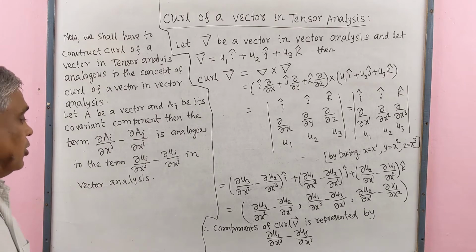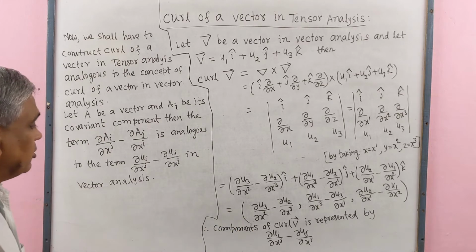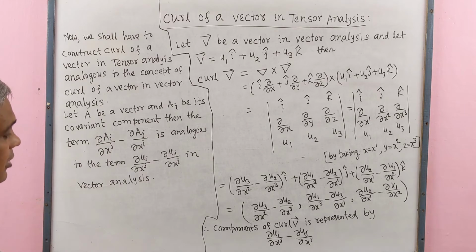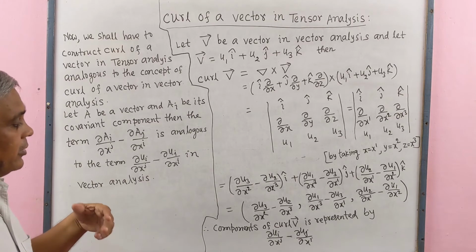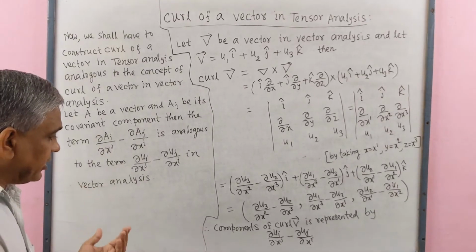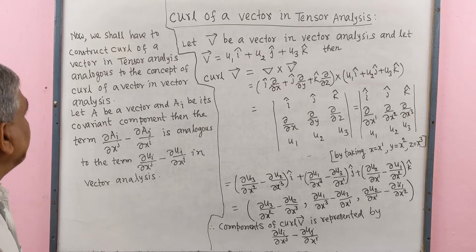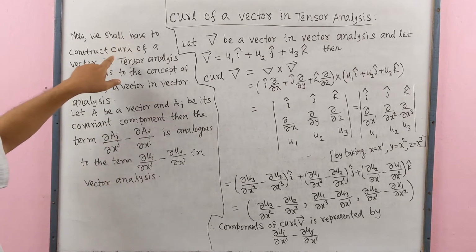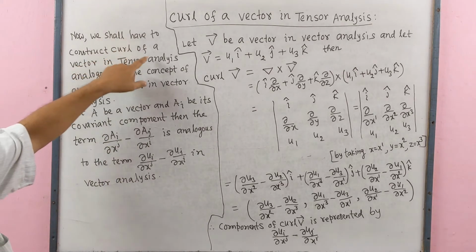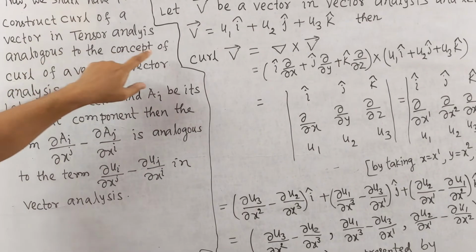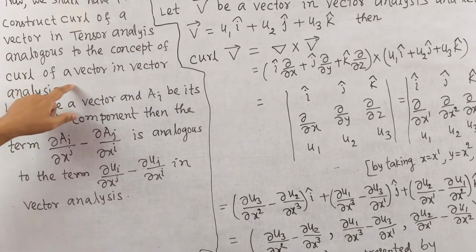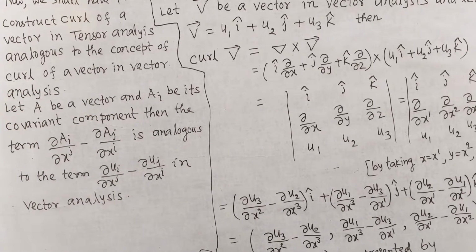Now, on the basis of this concept, we will try to make the components of the curl of a vector in tensor analysis. We shall construct the curl of a vector in tensor analysis analogous to the concept of curl of a vector in vector analysis.